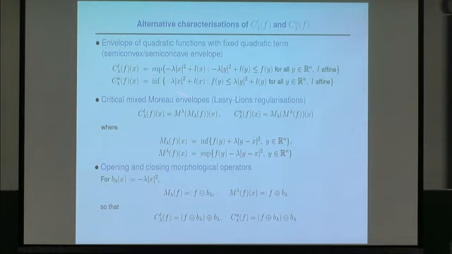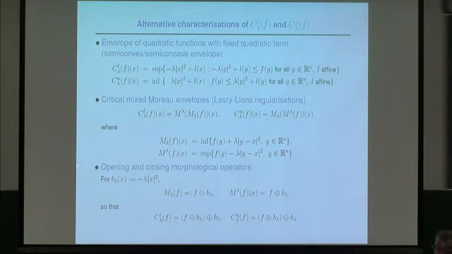Here the lower transform is when we first do the m lower lambda and then m upper lambda, and the upper one is when you do it the other way around. Okay? And then you can also characterize the lower and the upper transforms in terms of opening and closing morphological operators with a fixed quadratic structuring function, right?